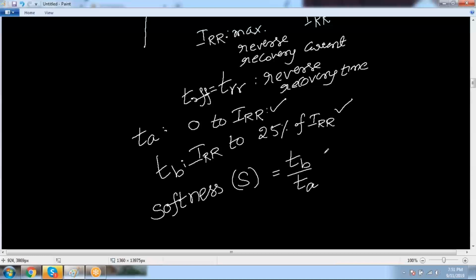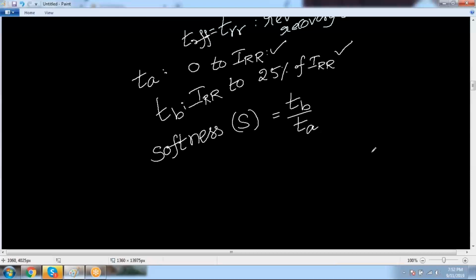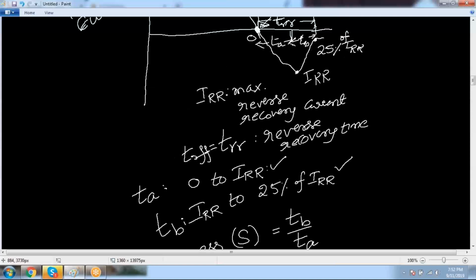Based on this, the diodes are classified into three types: general purpose diodes, fast recovery diodes, and Schottky diodes. Now, I'm not interested in that. Already you were supposed to study it. If you look at this, this is very, very important. This is the extra charge carriers. This is charge.